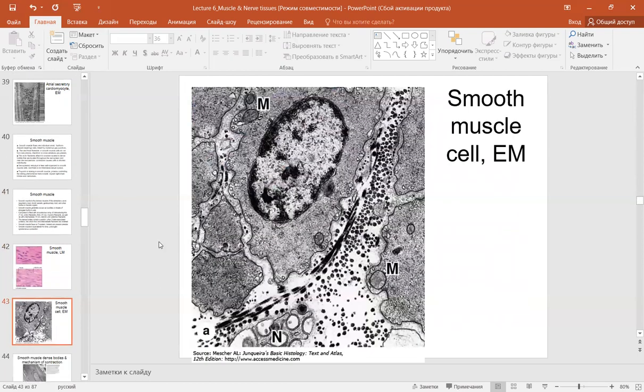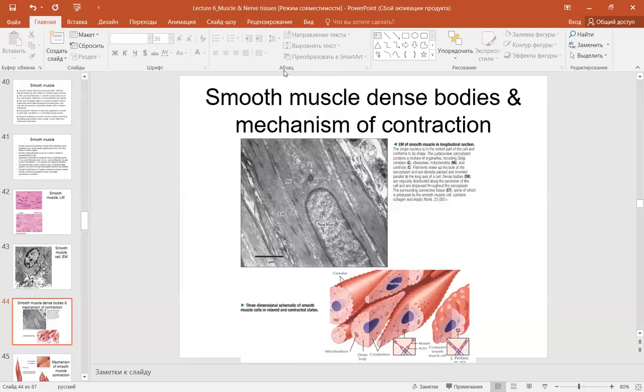Here you have the electromicrographic representation of this cross-sectioned smooth muscle cell with centrally placed nucleus, with mitochondria, with collagen fibers and reticular fibers keeping the muscle cells together in the tissue arrangement, and actin and myosin filaments cross-sectioned, filling the cytoplasm.